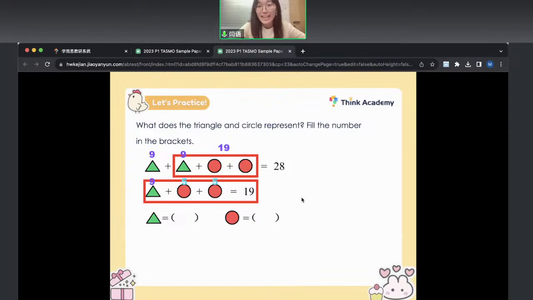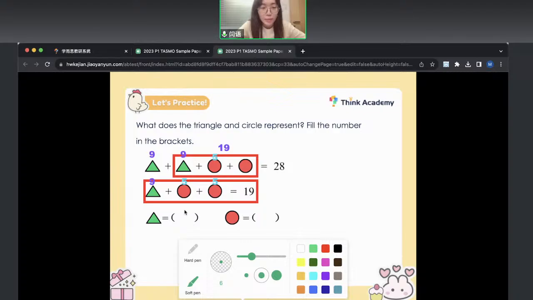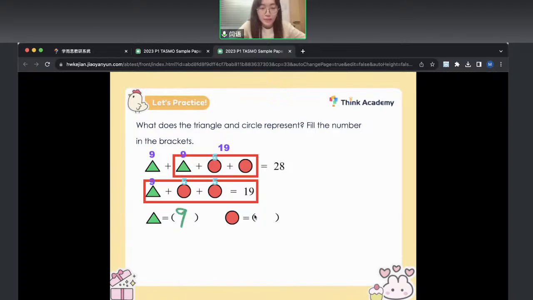That is 5, because 9 plus 10 equals 19. 2 circles equals 10. What about 1 circle? 1 circle equals 5. Okay. And again, do remember to fill in the blank. That is the 9 and 5. I see some of you, no, that is 9 and 5. Okay.